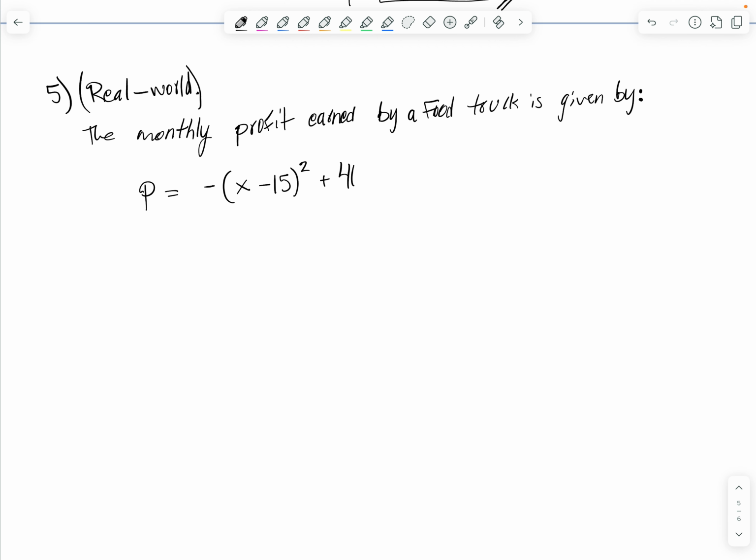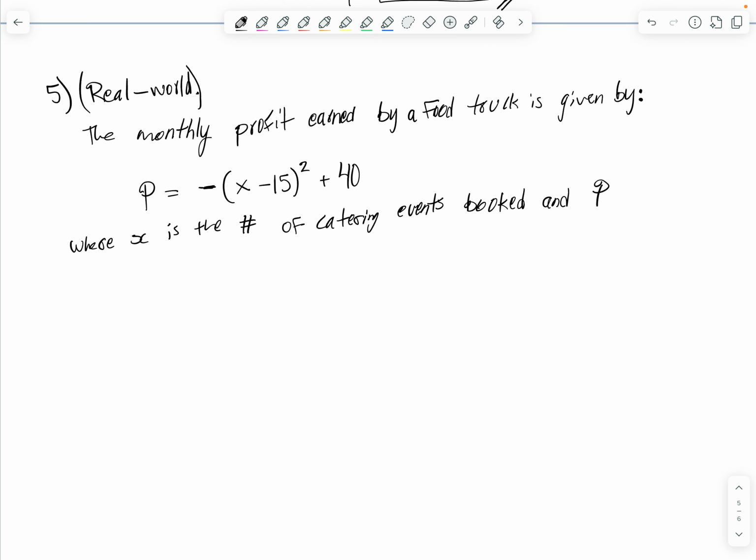Okay, so I have to define some of these variables here, the P and the X. So let me write that here, where X is the number, I'll just do short form, of catering events booked.